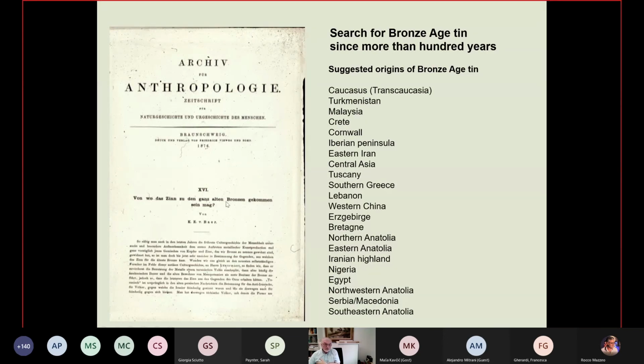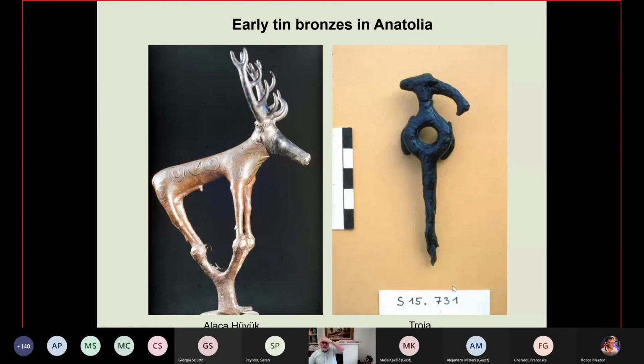And you see here a publication of 1876 with a nice title, From Where the Tin to the Very Old Bronzes May Have Come From. Very good question. And here you see suggestions, which is not exhaustive, that have been discussed, some geologically possible, some geologically not possible. And we do have tin bronzes not only in Troy, like this one here, but in central Anatolia, especially Alacahöyük, this wonderful stag.